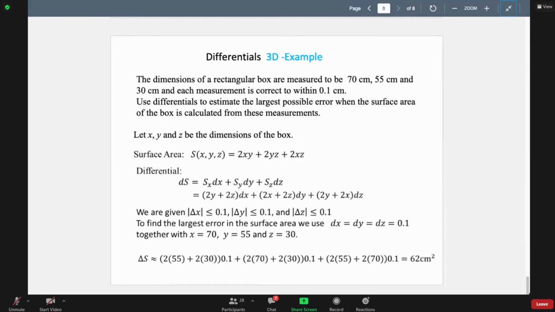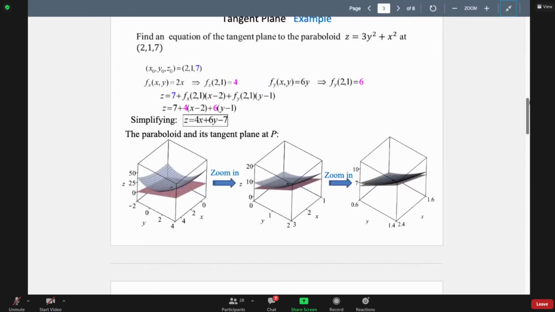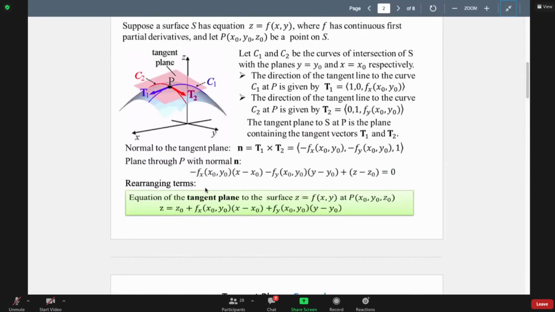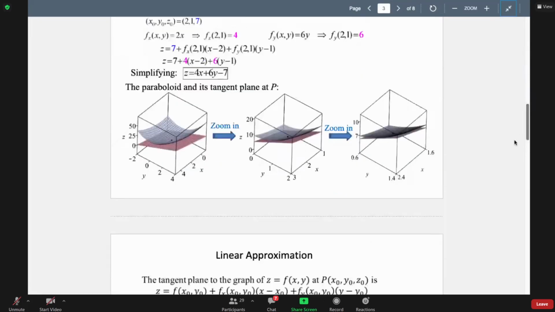Again, you have to know basically a few formulas here. You have to know the formula for the tangent plane. It's on slide number 1. And of course, this is also denoted by L(x, y). And as I mentioned, it has 3 different names.